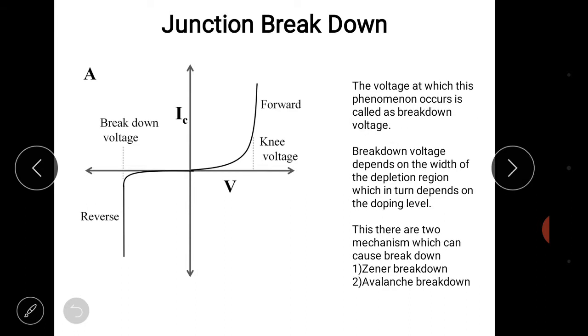The voltage at which this phenomenon occurs is called breakdown voltage. Breakdown voltage depends on the width of the depletion region, which in turn depends on the doping level. There are two types of mechanism which can cause breakdown. One is the Zener breakdown and the other is the avalanche breakdown.